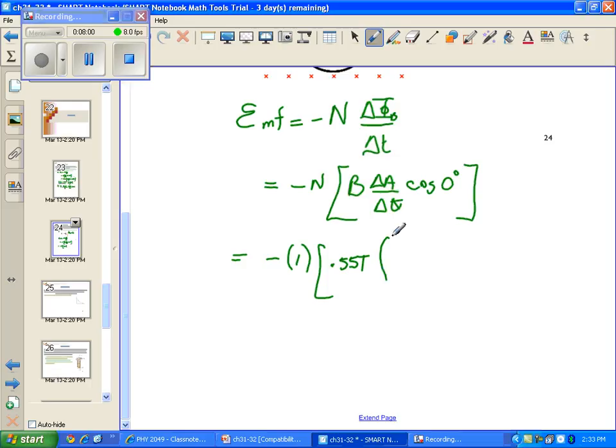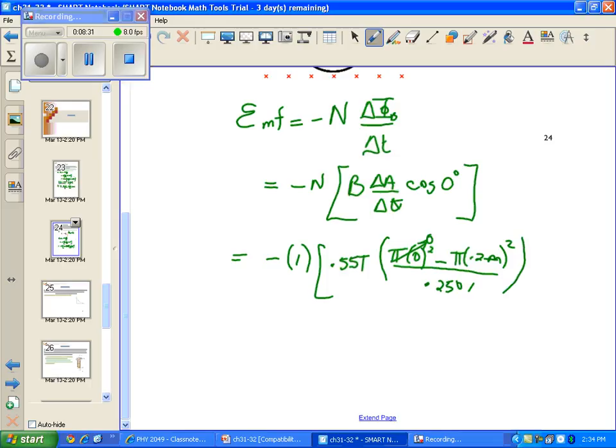The area is, well, pi times the final radius, which is 0, so pi times 0 squared is 0, minus pi times the initial radius, which was 0.2 meters, squared, divided by the time for that area to shrink down, which is 0.25 seconds.